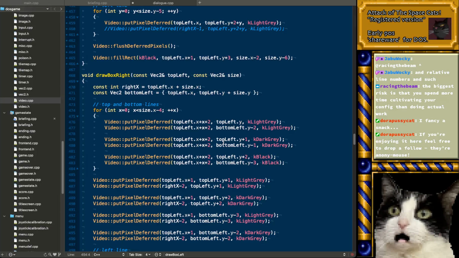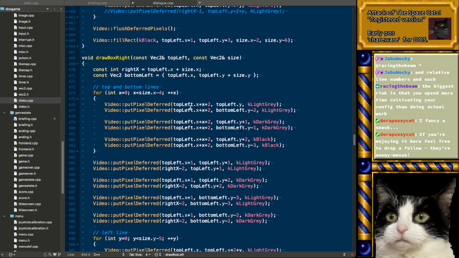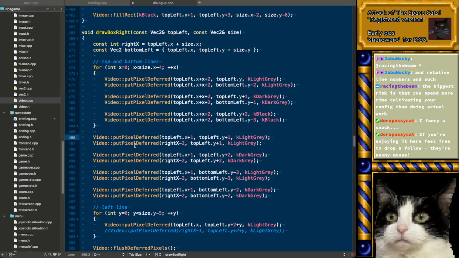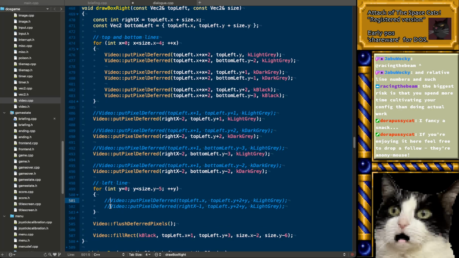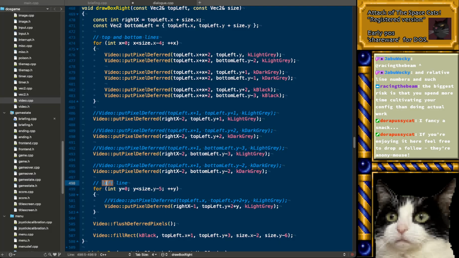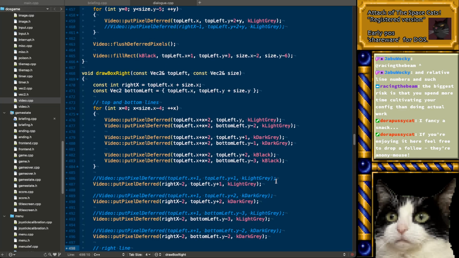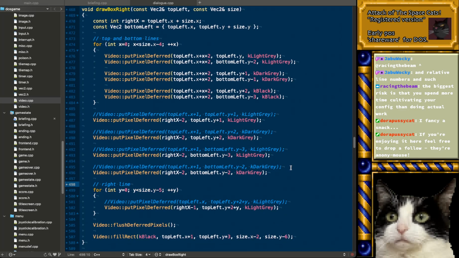Then in draw right, top and bottom lines are fine. We want to get rid of the left-hand ones and the left-hand line. That's still correct. Okay.